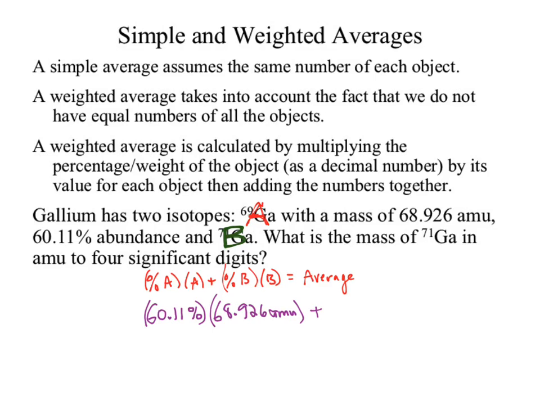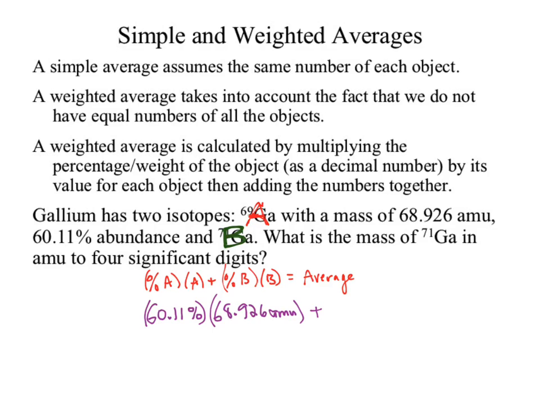So I'm a little puzzled. 39. I don't see 39 up there. Where are you getting that number from? Because 100% minus 60.11. Why are you doing that? Because gallium-69 is 60% of all gallium, and there's only 2 isotopes.